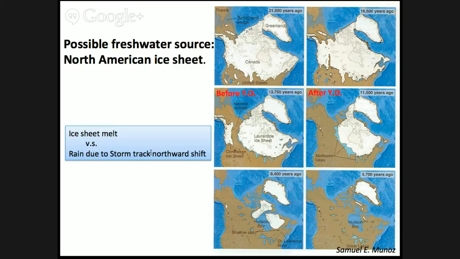You see that it retreated gradually, and becomes more or less the same as today around 5,000 years ago. And when this North American ice sheet retreated, the meltwater may flow into the North Atlantic. And this is the case people haven't found evidence of yet.